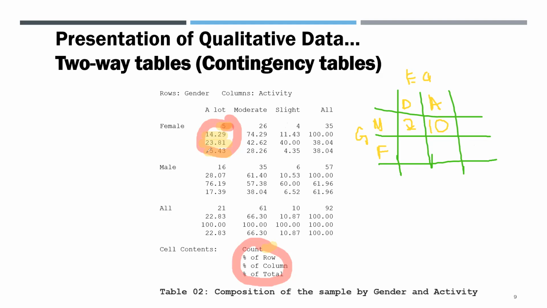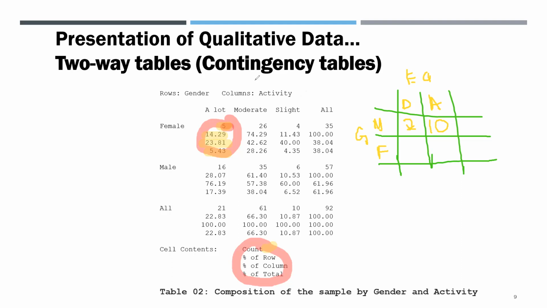Sometimes these percentages may be meaningful. For example, I have taken one example here with 2 variables. One variable is activity, and the other variable is gender.